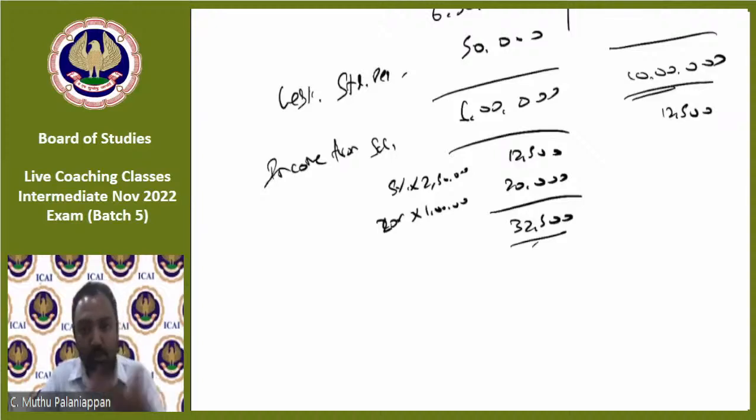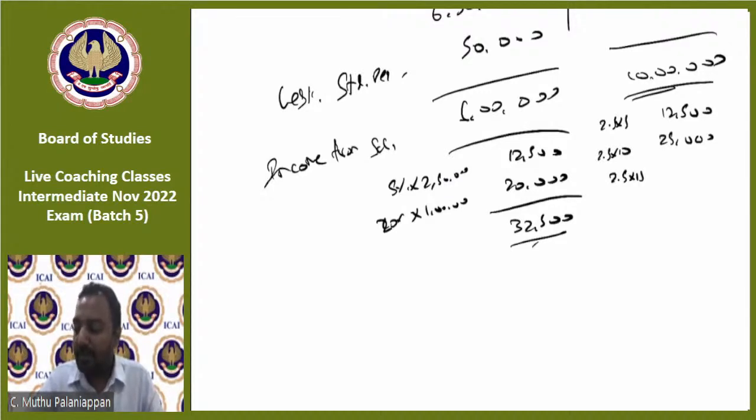But in the new slab rate, for the first 2.5 lakhs, it is the same, 12,500. For the next 2,50,000, it is 10%, from 5 lakhs to 7.5 lakhs. For 5 lakhs to 7.5 lakhs, I will be paying 25,000. So this is 2.5 into 5, 2.5 into 10, 2.5 into 15.